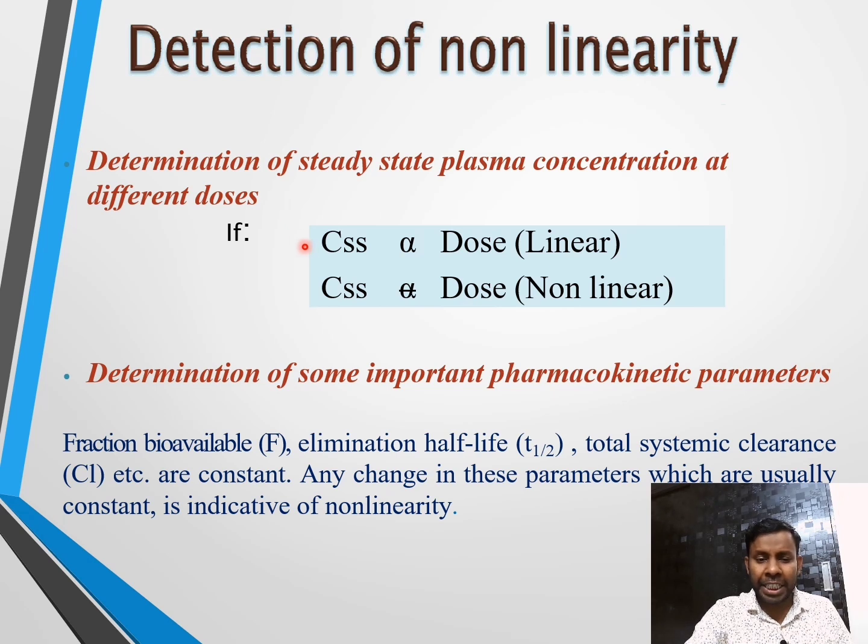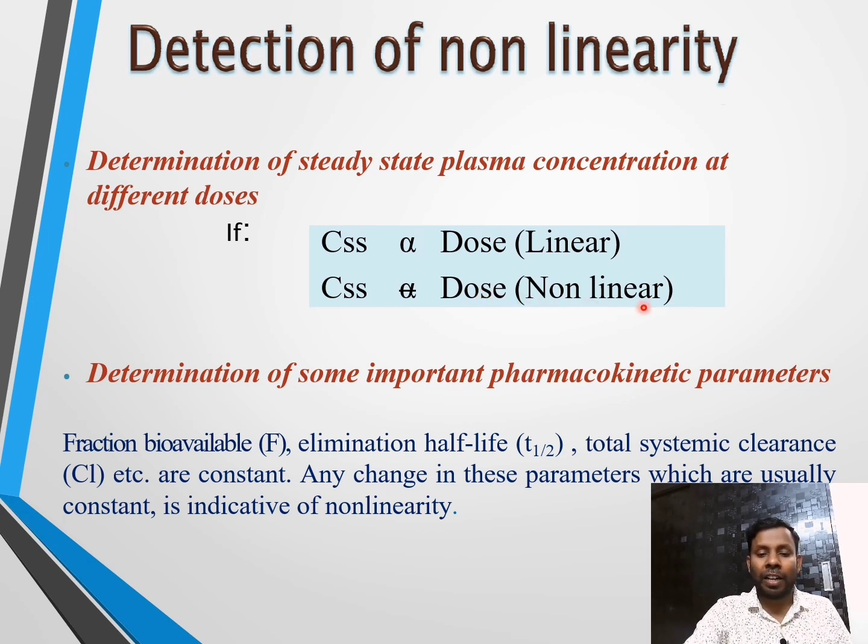If the steady-state plasma concentration is directly proportional to the dose, that means it is linear pharmacokinetics. And if the steady-state plasma concentration is not proportional to the dose of the drug, then it is following non-linear pharmacokinetics.